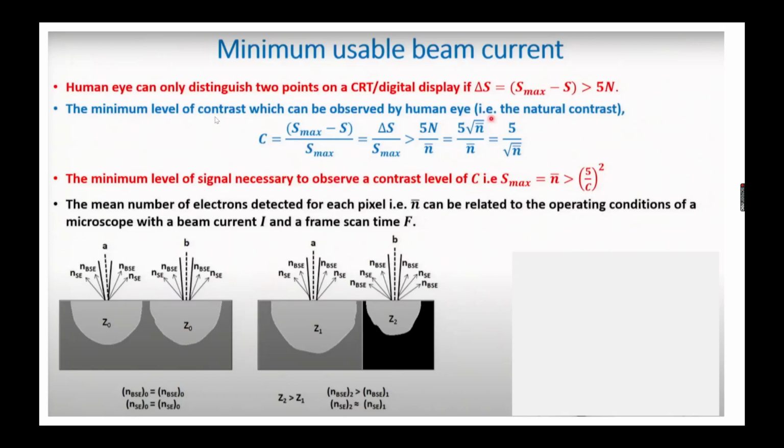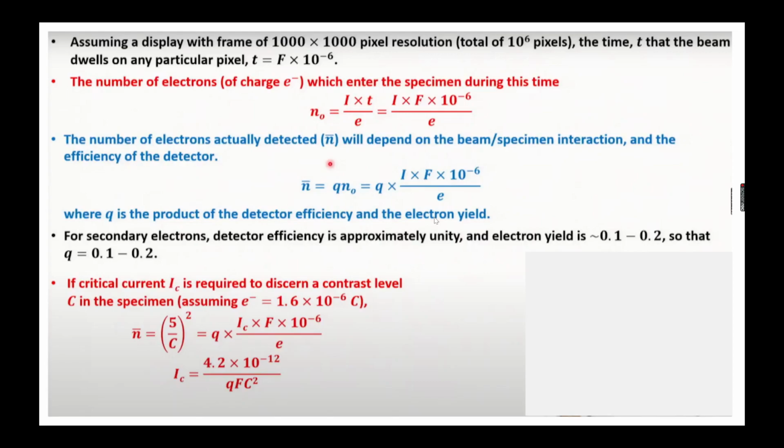The minimum level of contrast which can be observed by the human eye is called the natural contrast, given by C. The mean number of electrons detected for each pixel, n bar, can be related to the operating condition of the microscope, with the beam current I and the frame scan time F. So we will see in this slide.